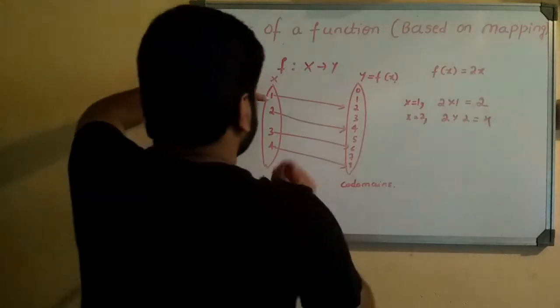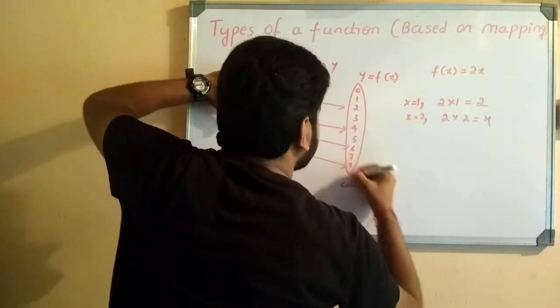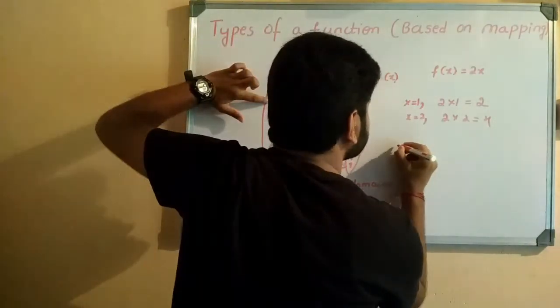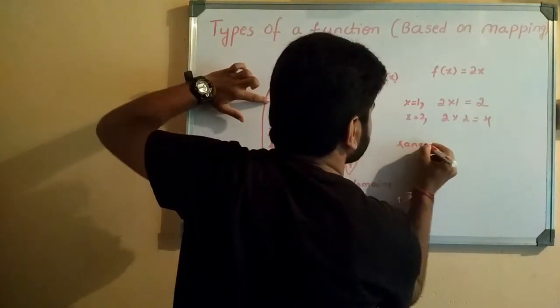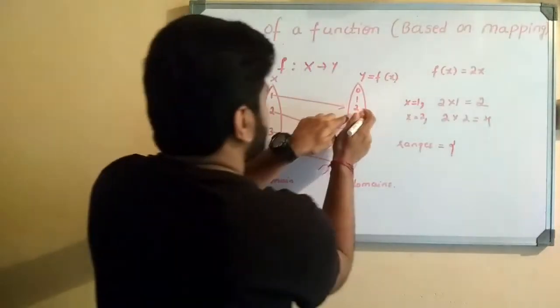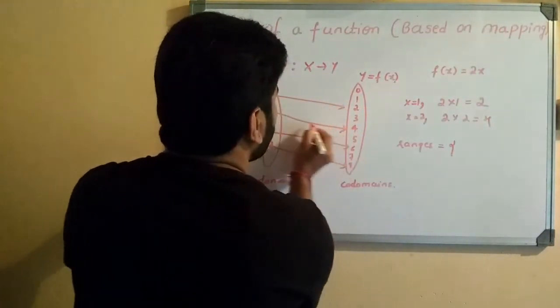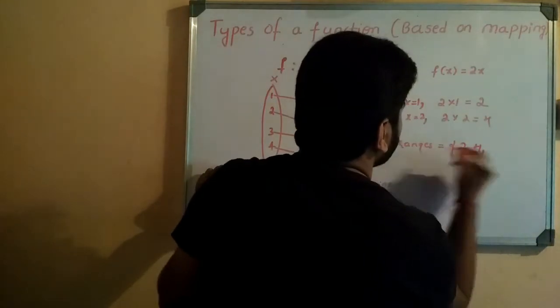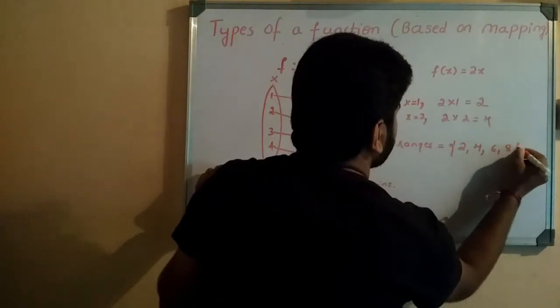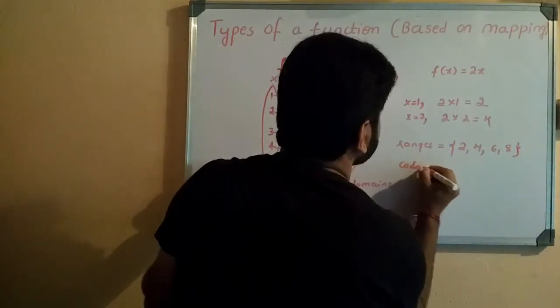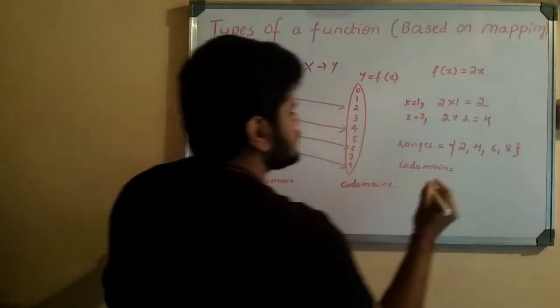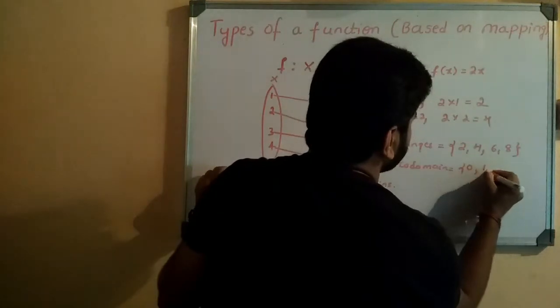The elements which are included in a mapping are called the range. So here the elements 2, 4, 6, 8 are the set of all ranges. And codomain means the set of all elements here, that is 0 to 8.